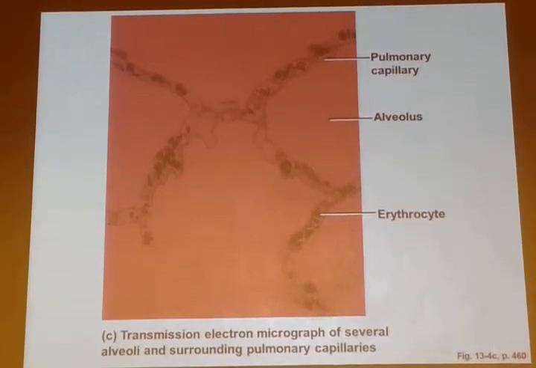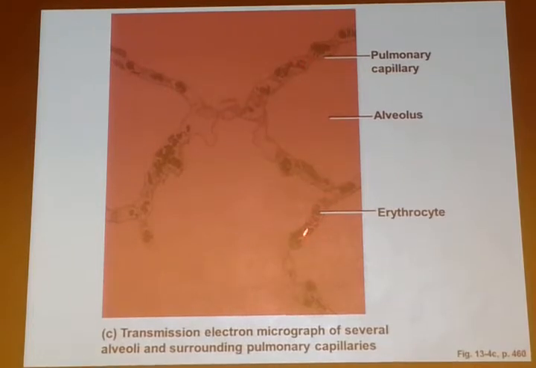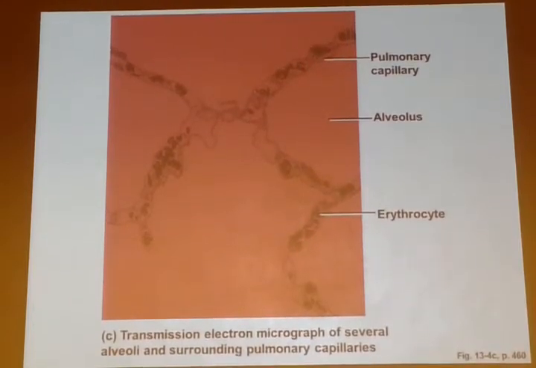Another way to look at it, this is a scanning EM. I'm not sure why they colored it red. It shows you the red blood cells, they're in black, are in the capillaries going through at a pace which will be optimum for the gas exchange.